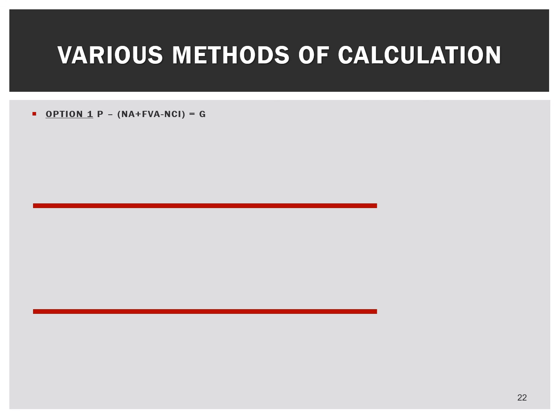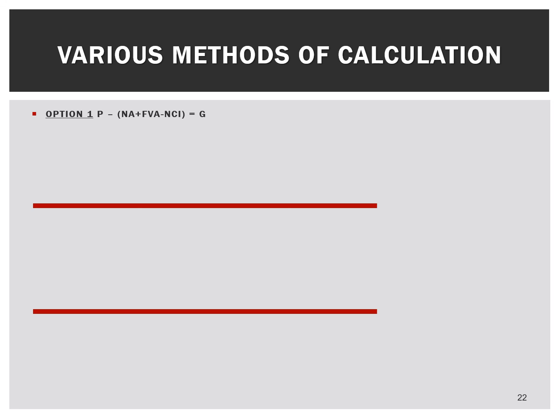Now, the first option takes the price paid, that's P in this little equation that I've shown here, and we deduct from the price paid the net asset value of the company purchased at the date of acquisition, plus any fair value adjustment, and we deduct from that the share of the company that belongs to somebody else, the non-controlling interest.